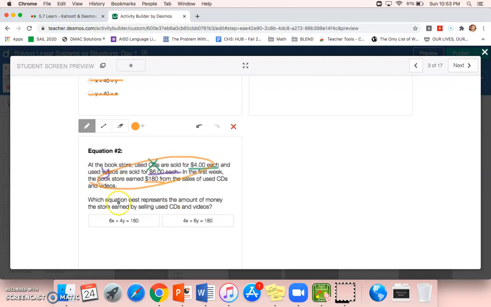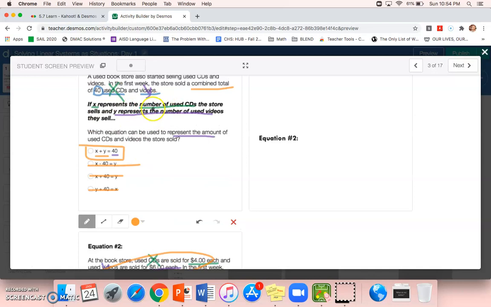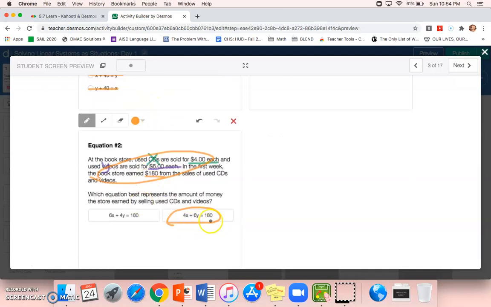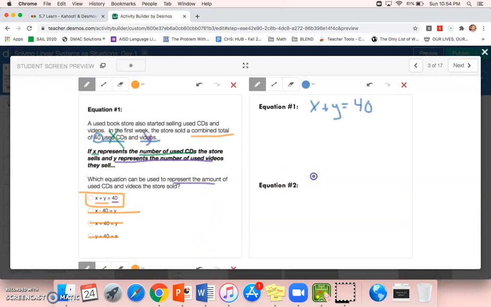That equation is 4 times X, right? They go together, and 6 times Y. So you'll notice there's not much difference between these two. You just have to know what to attach the number to. That's why it's super important to label your X's and your Y's based on what is given. So 4x plus 6y equals 180.